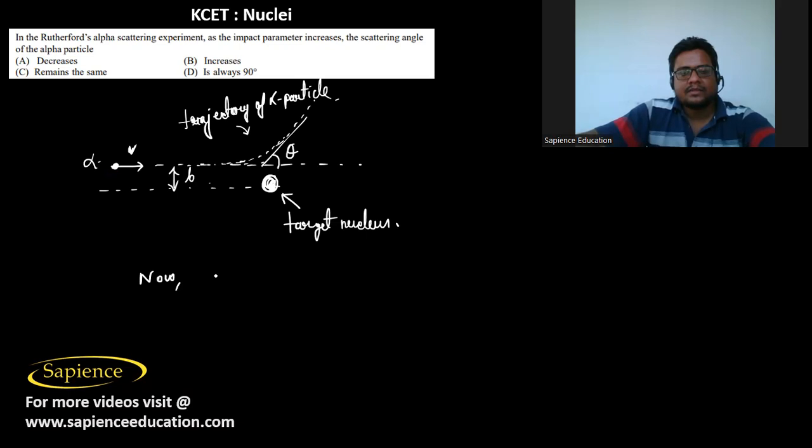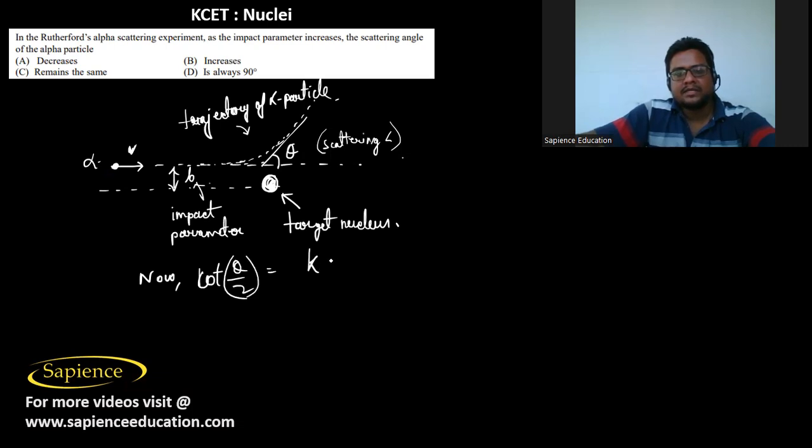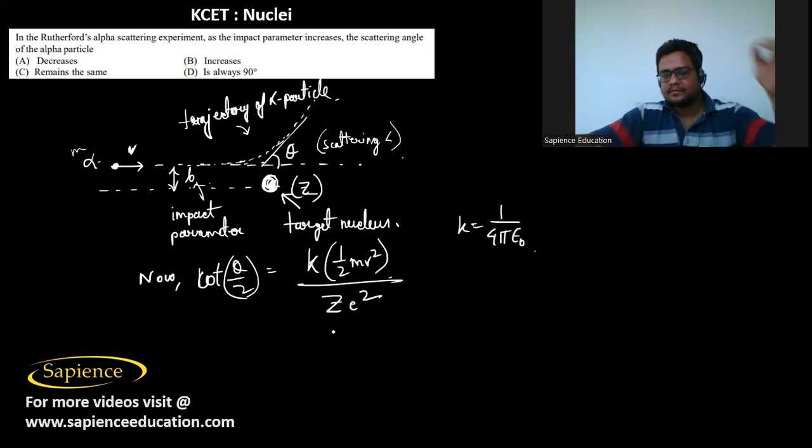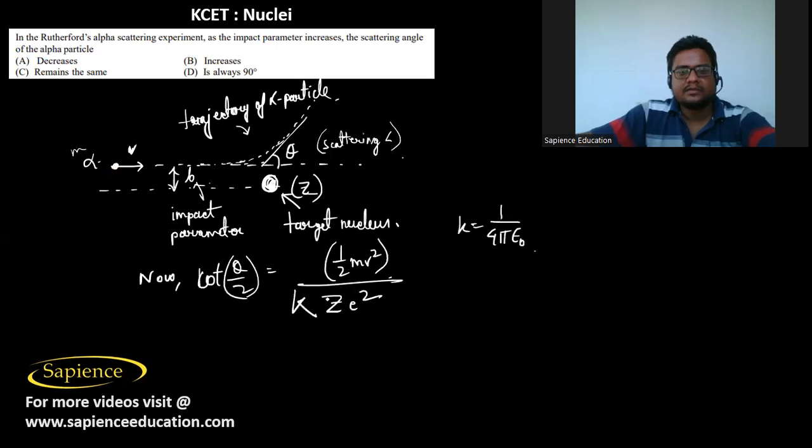Now the rule is, if theta is the scattering angle and b is the impact parameter, then we have that cot theta by 2 is equal to the kinetic energy of the alpha particle, let's say its mass is m, so it is half mv square, divided by k z square, into b, where z is the atomic number of the target nucleus, and k is equal to 1 by 4 pi epsilon not.